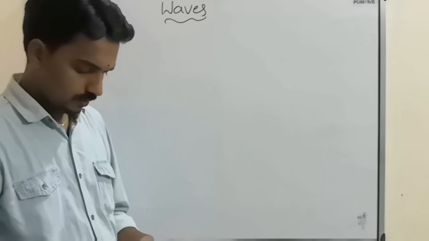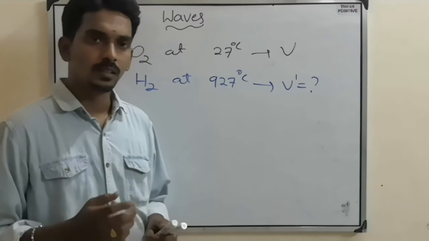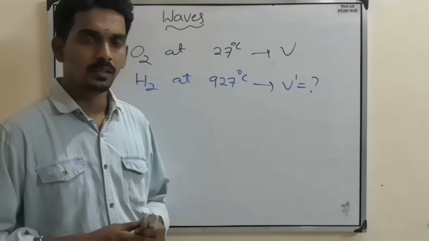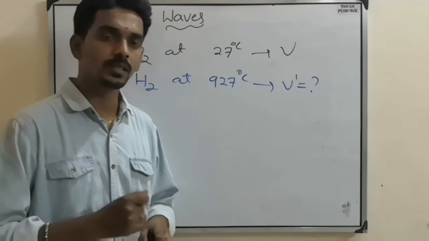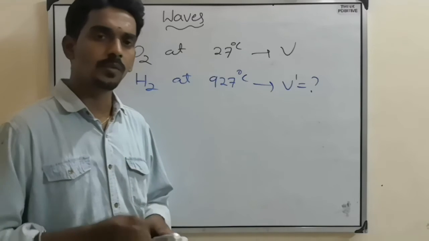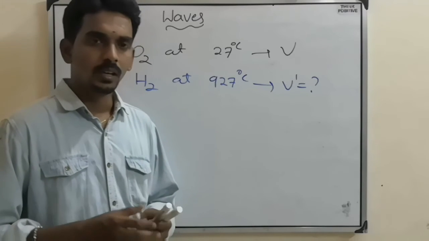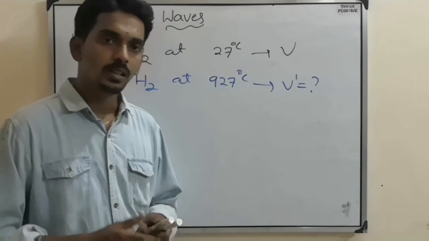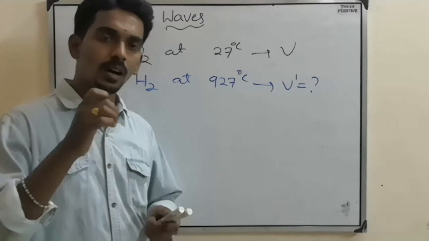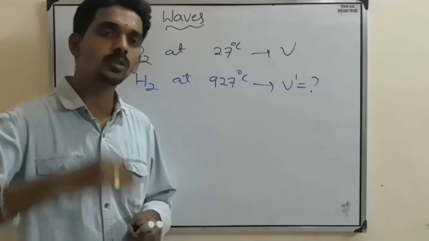Now let us consider one example to understand whatever we have discussed. The main thing we discussed is the speed of sound wave in any medium, or better to concentrate on one thing: the speed of longitudinal or sound wave in gas medium, because that is the most important one.